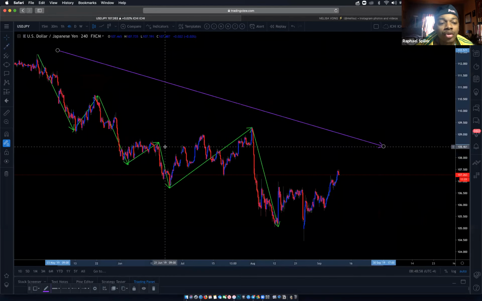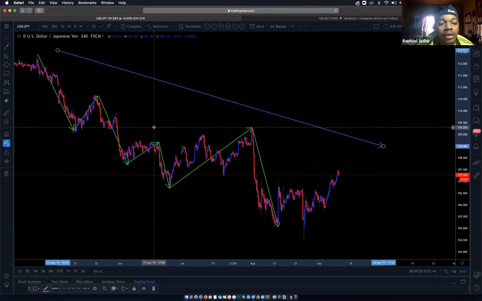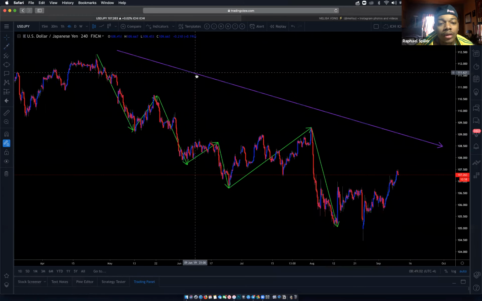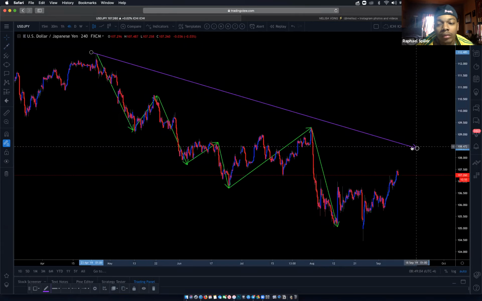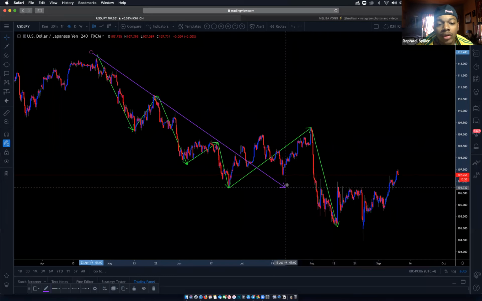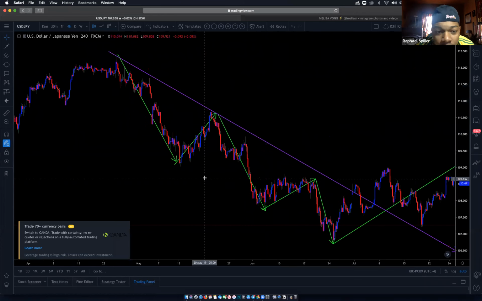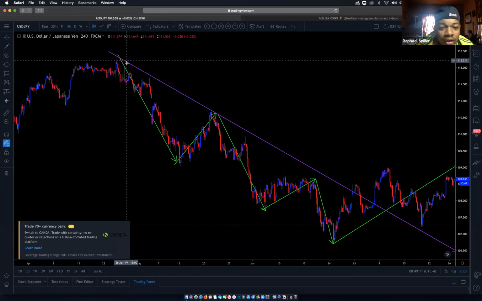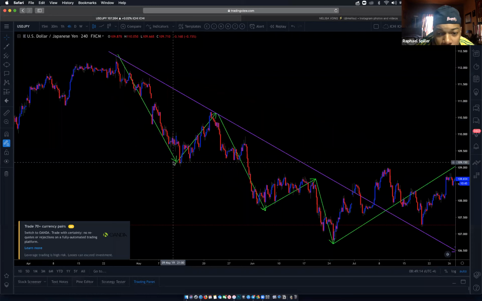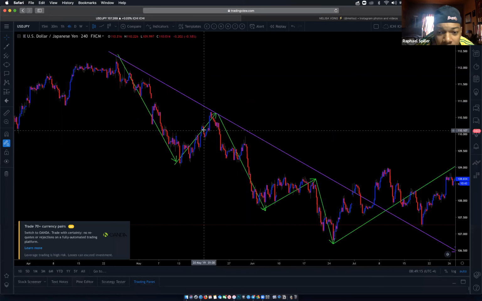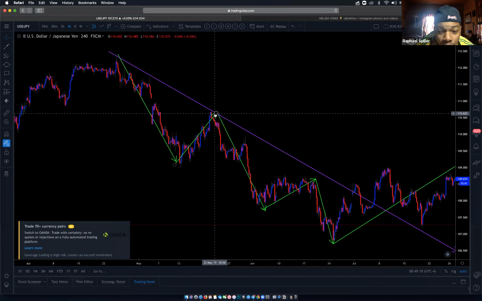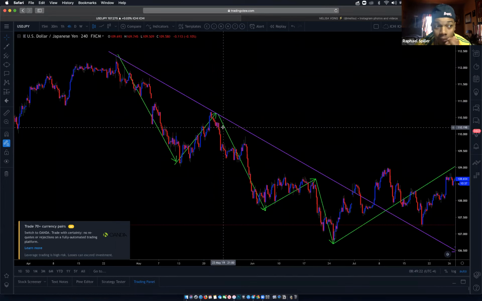So any uptrend that you see within this, let me draw this as a trend line. If it's a downtrend, it's your impulse or continuation. Anything that's the opposite of the actual trend is your pullback, your correction, right?